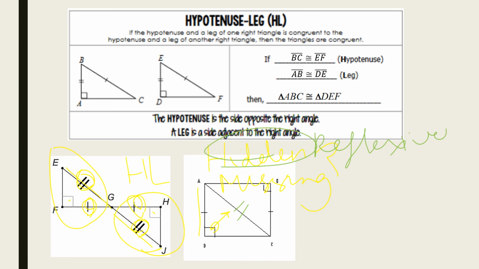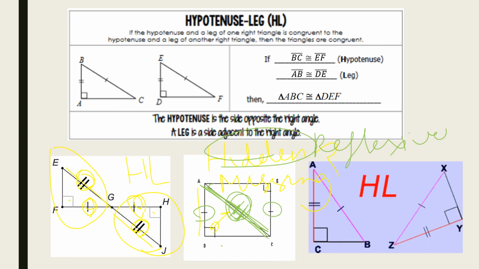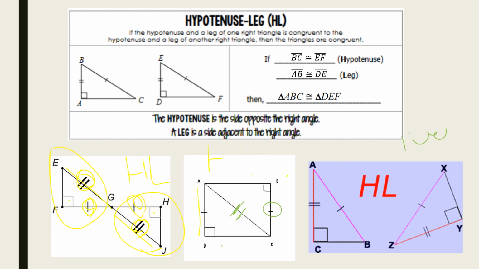This AC is only ever as long as its own self, so it's congruent to itself. So we have the hypotenuse and the leg of this triangle, and the hypotenuse and the leg of that triangle. And again, this is what it looks like.